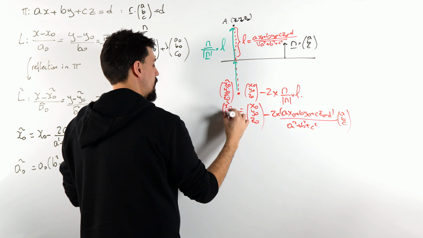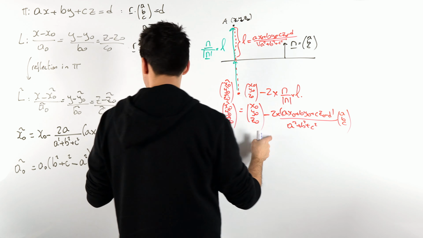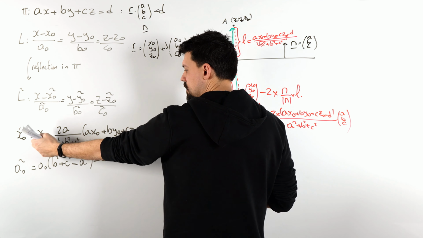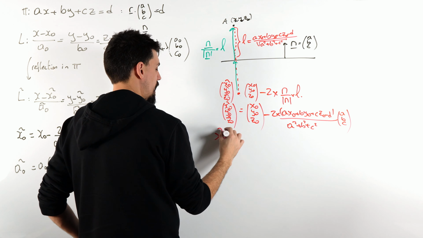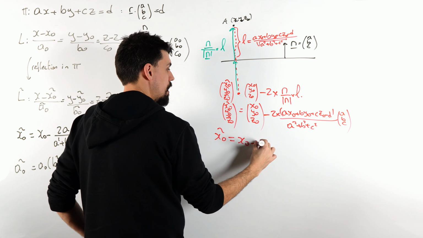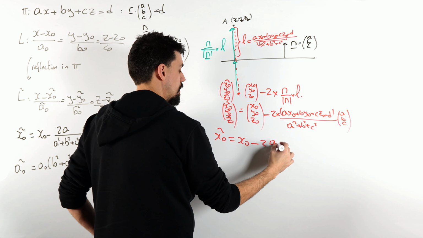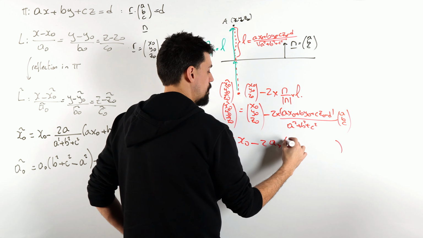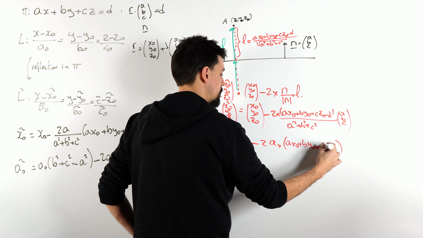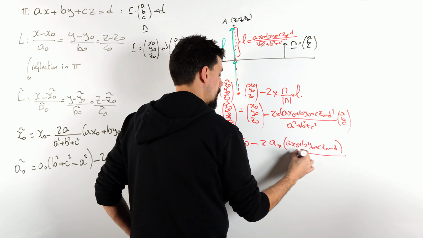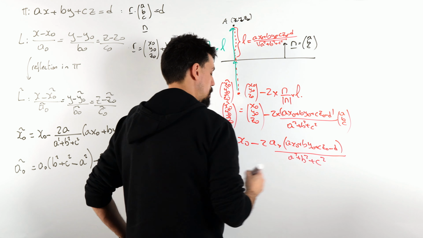x0 tilde, y0 tilde, z0 tilde. We're already there. So if I just want my formula for x0 tilde, we're just going to look at this first line. x0 tilde is x0 minus, we're going to take that term there, 2a times all of this rubbish over a squared plus b squared plus c squared.